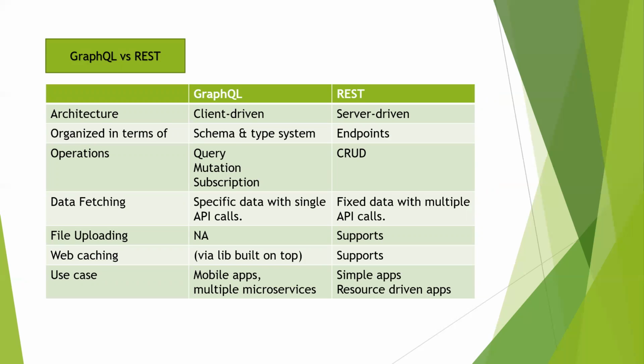In terms of data fetching, GraphQL can specify what data to be retrieved, but for a REST endpoint, it's fixed data. File uploading: currently GraphQL doesn't support any file uploading, but RESTful supports it. In terms of caching, currently GraphQL doesn't support any caching built in, but we can achieve it through different libraries. But a RESTful endpoint supports caching.